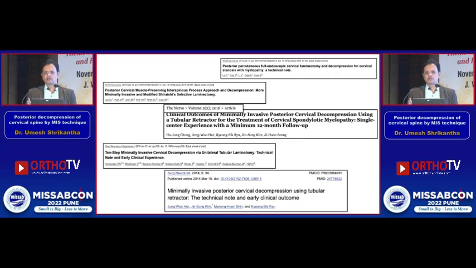And we went through the literature. There are quite a good number of papers which have shown the application of posterior cervical decompression techniques. But most of these papers are limited to 2 or 3 levels. They have never done it for a multi-level posterior cervical decompression.